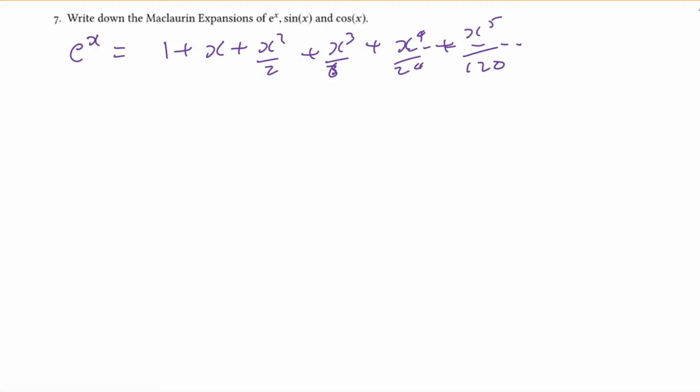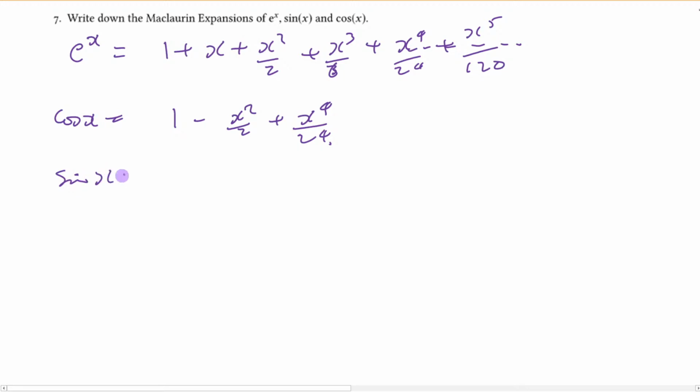And then if we do cos x, cos x will equal 1 minus x squared over 2 plus x to the 4 over 24. And sine x is equal to x minus x cubed over 6 plus x to the 5 over 120.